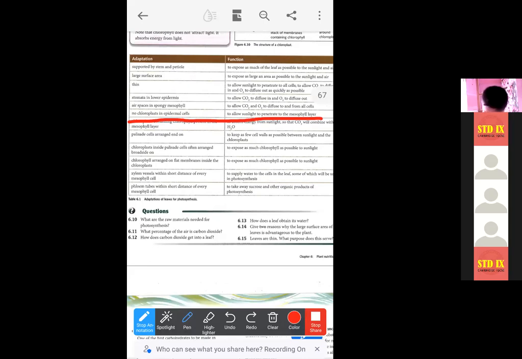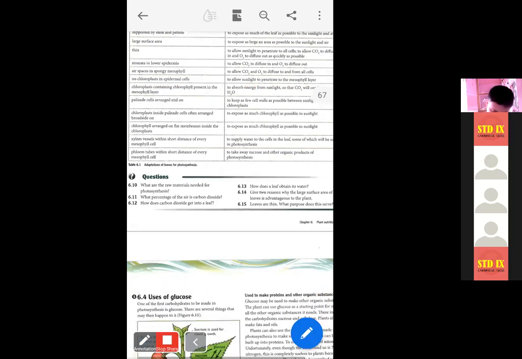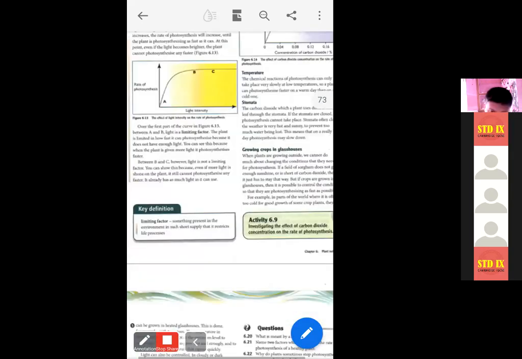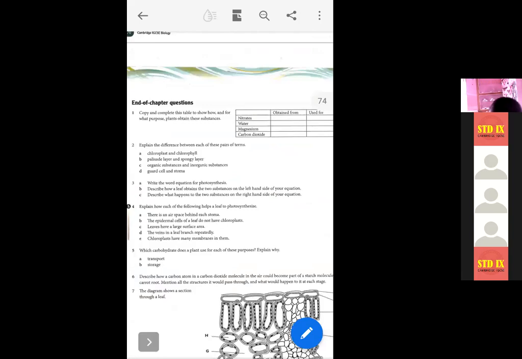Ma'am, how will you write this answer? Write 4B. The epidermal cells of a leaf do not have chloroplasts.